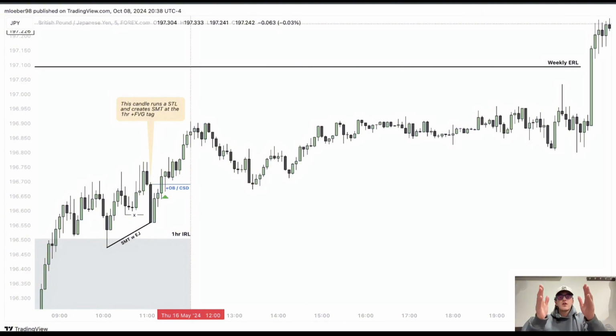As long as the correlated asset doesn't reach that external range draw before your correlated asset does, that high or low will be reached.